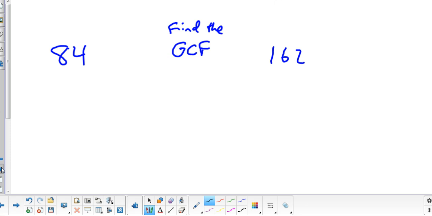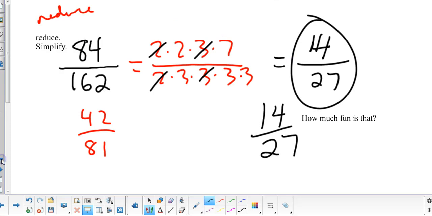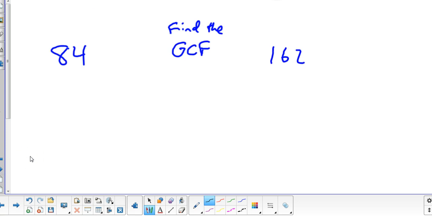All right, so what's the GCF between those two? The hint is I canceled out a 2 and a 3. So the GCF, we should understand, is going to be 6. And if I found, right, 12, I know is going to come out to be 2 times 2 times 3.